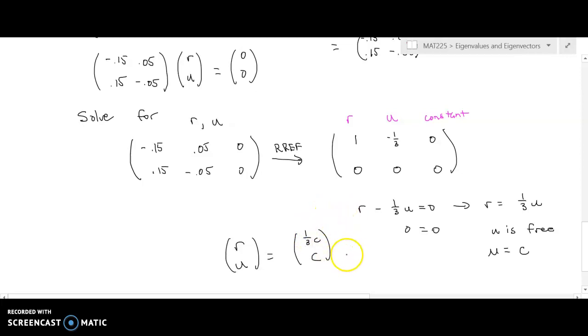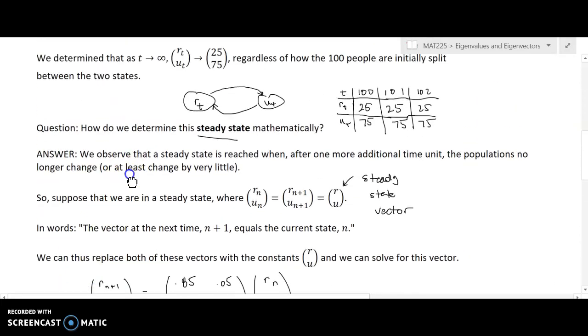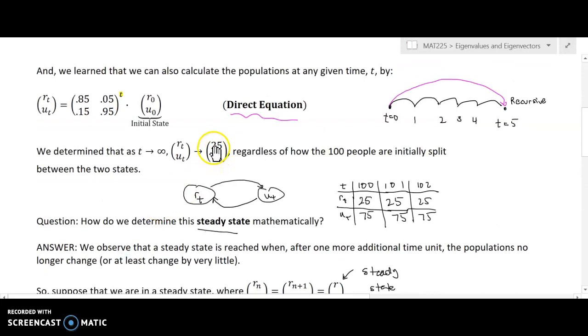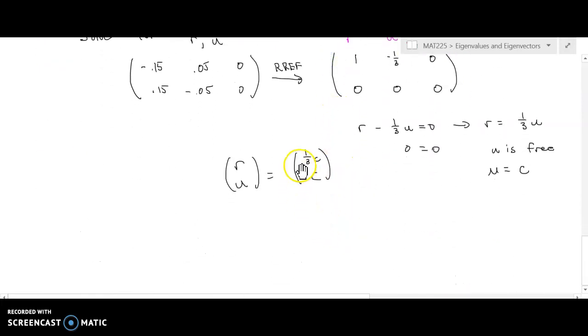Now this should make sense right now because if this value is 1/3 of this value, and we've already determined that our steady state based on an initial population of 100 people, 1/3 of 75 is actually 25. And that works out perfectly because we know that this value is going to end up being 1/3 of this value here.